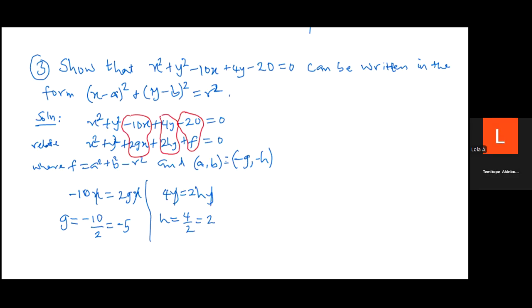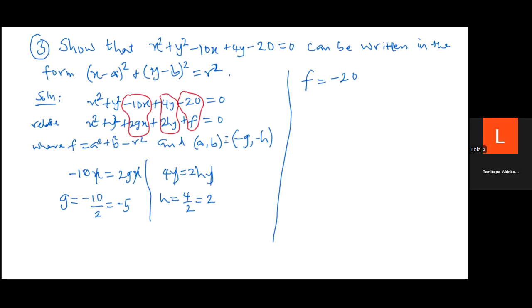Okay. Then f equals minus 20. But before I move to that, let me deduce the center completely here. Now, I will come here. (a, b) is equal to (minus g, minus h).